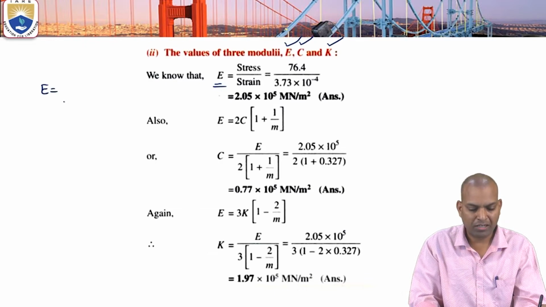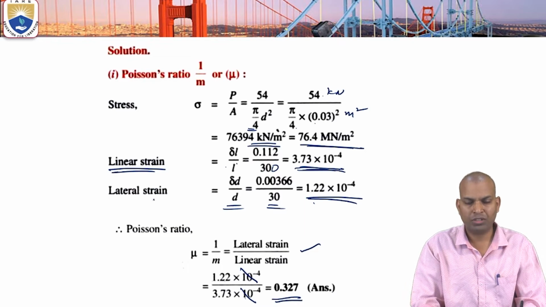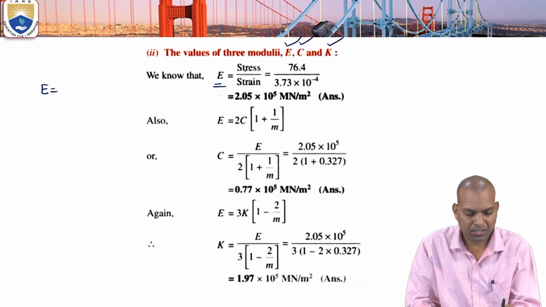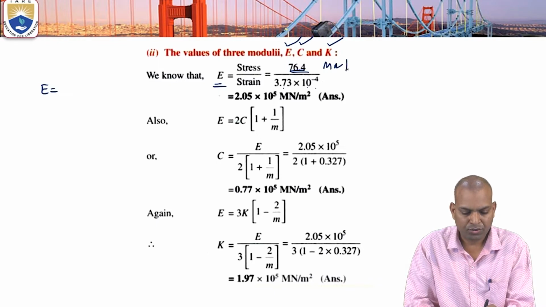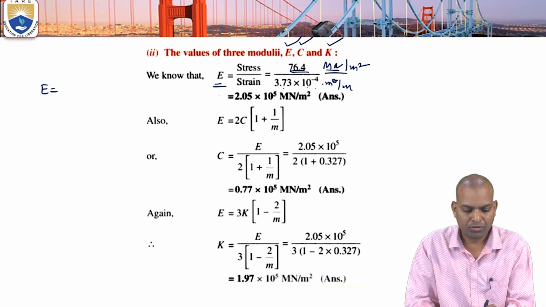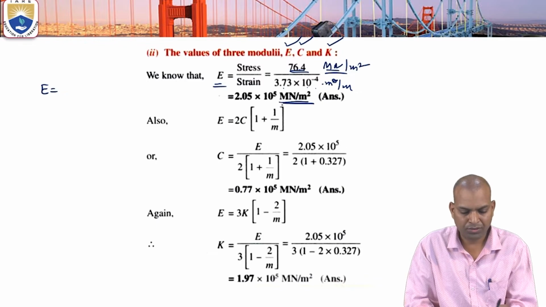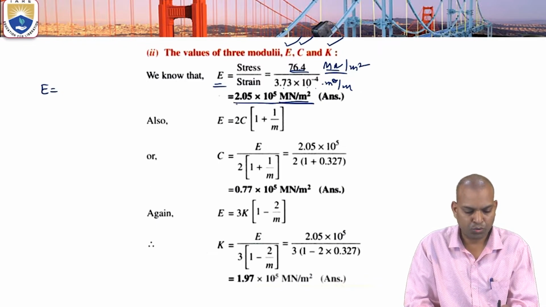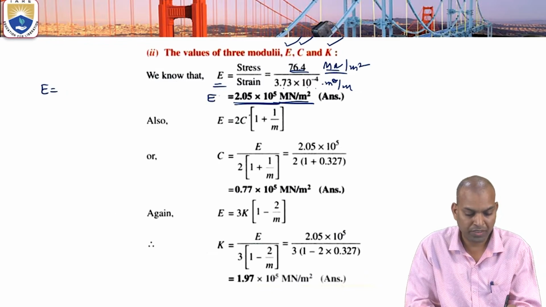The stress value calculated here is 76.4 meganewton per square meter, and the linear strain is 3.73 into 10 power minus 4. So 76.4 meganewton by 3.73 into 10 power minus 4. The units of the output are meganewton per square meter. That is 2.05 into 10 power 5 meganewton per square meter. This is modulus of elasticity.